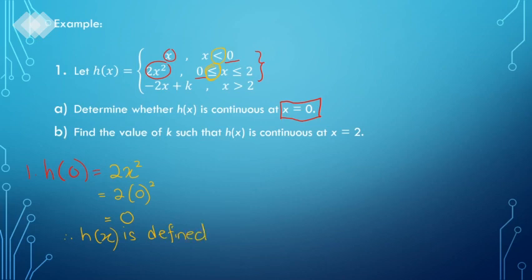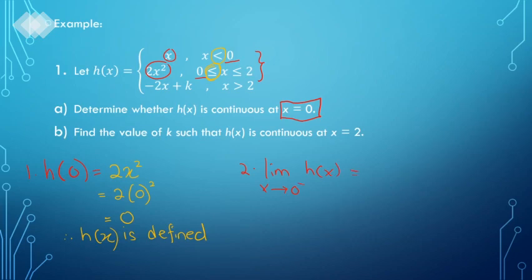Okay, condition number 2. We need to look at the limit. So limit as x approaches 0 from the left hand side of h(x), okay, left hand side.